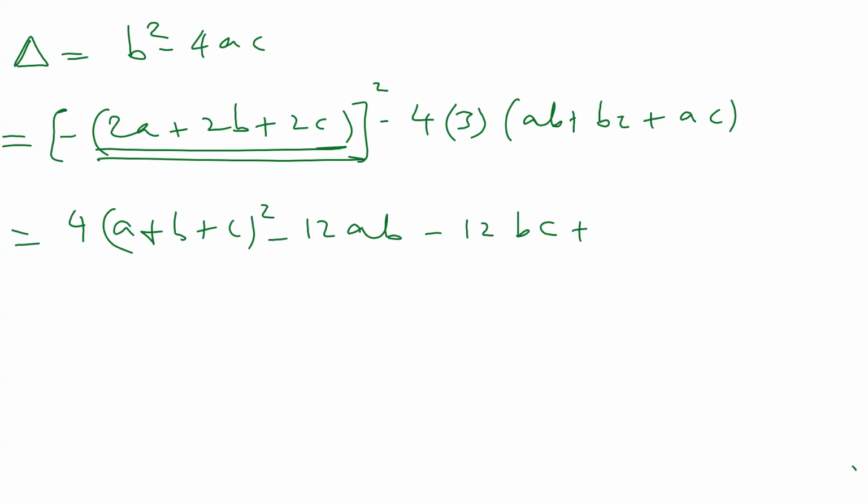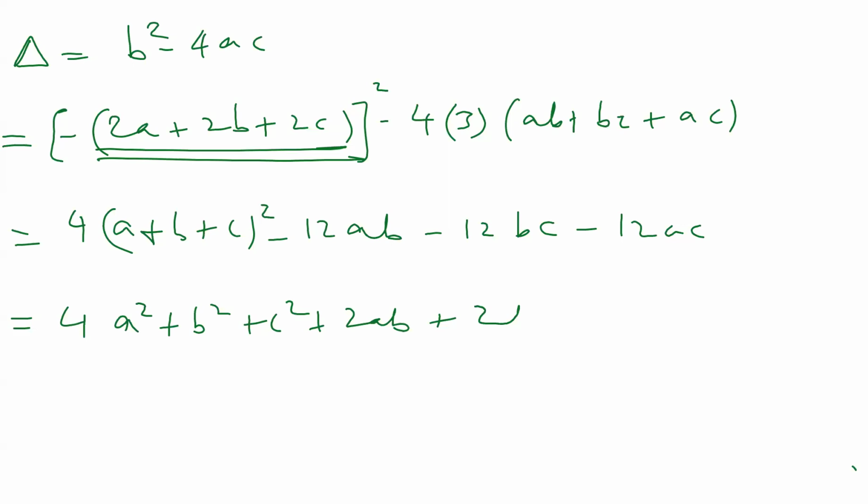minus 12bc minus 12ac. Now a plus b plus c the whole square is a square plus b square plus c square plus 2ab plus 2bc plus 2ca minus 12ab minus 12bc minus 12ac. Okay.